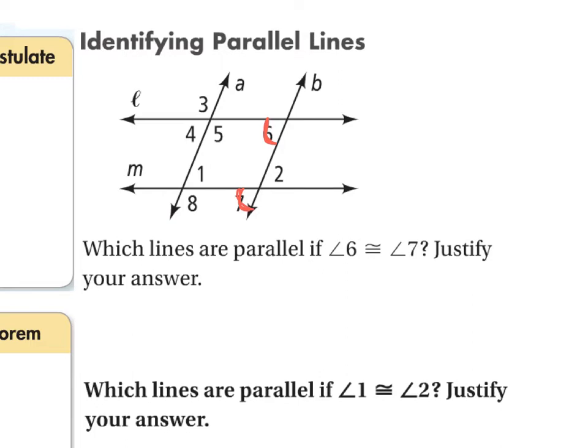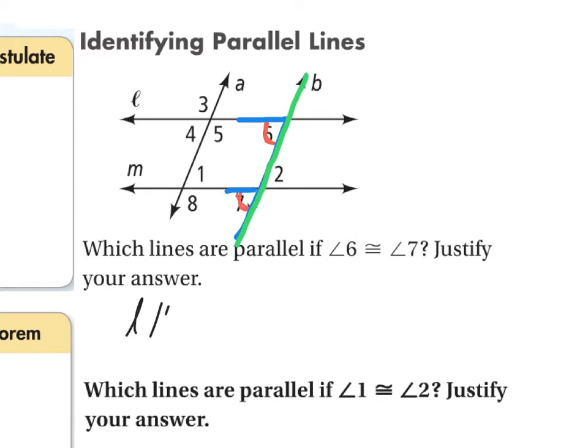Looking at those two lines, again, what type of angle pair do we have? Those are corresponding angles. A lot of times in doing this, it helps you to draw the F shape for corresponding angles. Because remember, this part of the F always has to be the transversal. So now we can see it must be L and M that are the parallel lines.